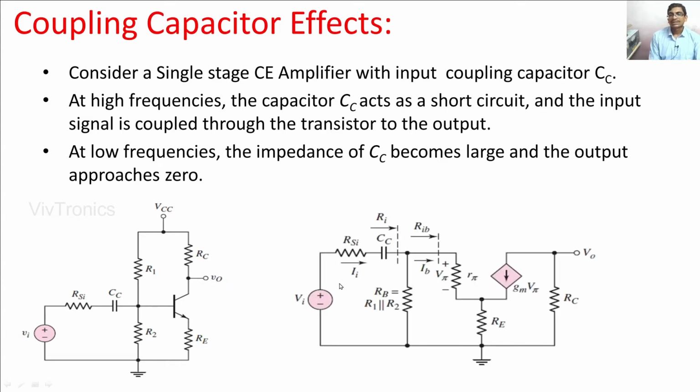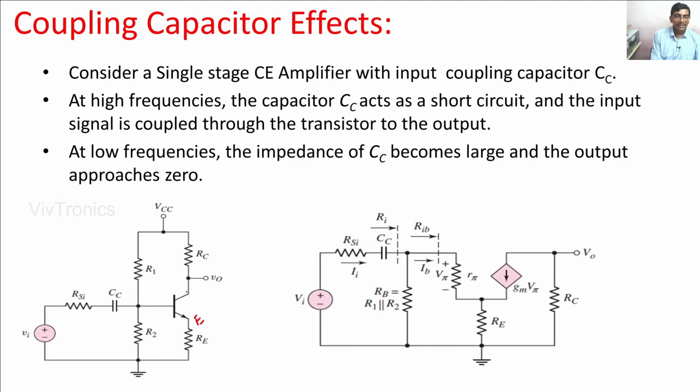Let us see the small signal equivalent circuit of the CE amplifier with emitter resistance along with the coupling capacitor CC. The small signal equivalent circuit can be drawn using hybrid pi parameters. First of all, we draw the common line, and now we mark the terminals.